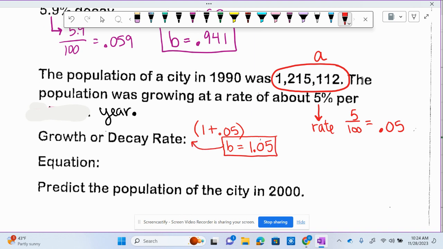What is B? What is your multiplier? Well, B is 1.05. So if you know what B is and you know what A is up here, can you write an equation for that?